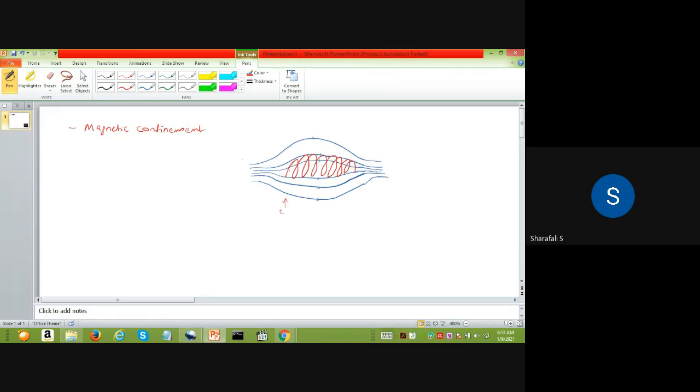And then when it reaches here, we have a very strong field. If you consider this particular electron at the end of this magnetic field distribution, it will produce a different scenario, in such a way that its propagation will become opposite.